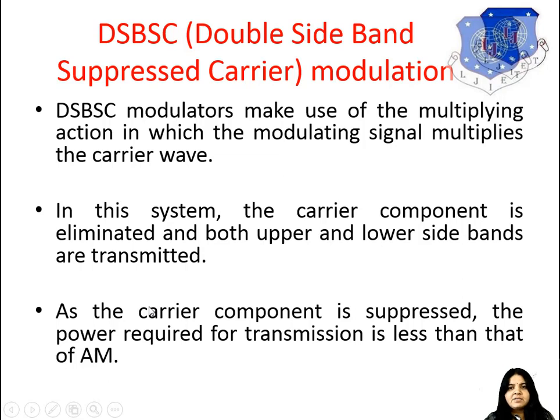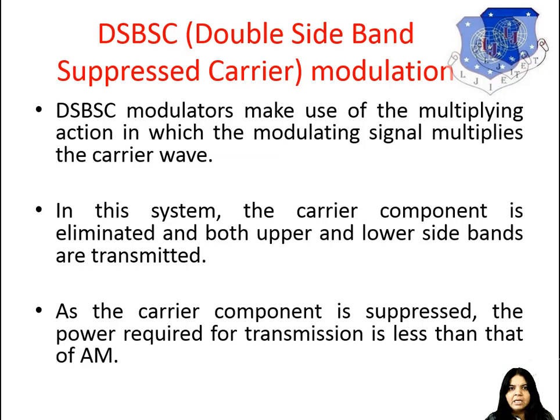This modulator makes use of a multiplying action, in which the modulating signal multiplies the carrier wave. The carrier component has to be eliminated, and the upper and lower sidebands are transmitted.